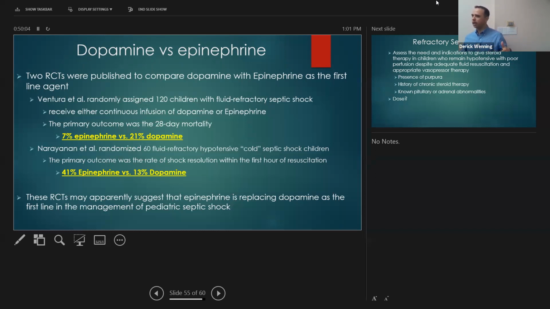So if you have a child in warm shock, norepi may actually not be a bad choice to increase the systemic vascular resistance in order to increase your blood pressure. If you have cold shock, put them on epi, it's fine. The PICU loves epi, we put them on epi. If a kid truly has flash cap refill and has a very warm periphery, put them on norepi. But dopamine is never your choice.